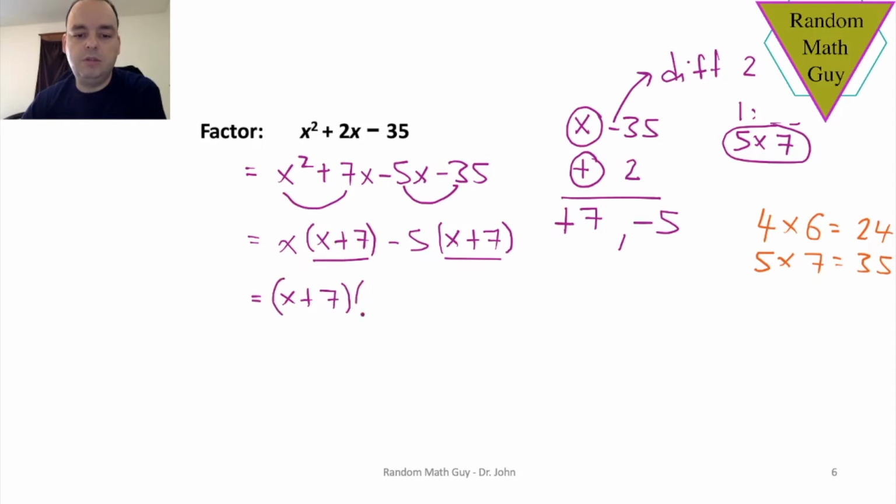There's x plus 7, and there's x minus 5. Notice that the two numbers that we had here are precisely the two numbers that appear in the factored form. So if you want to jump to the answer, be my guest. But for the remaining questions, I will do it the long way.